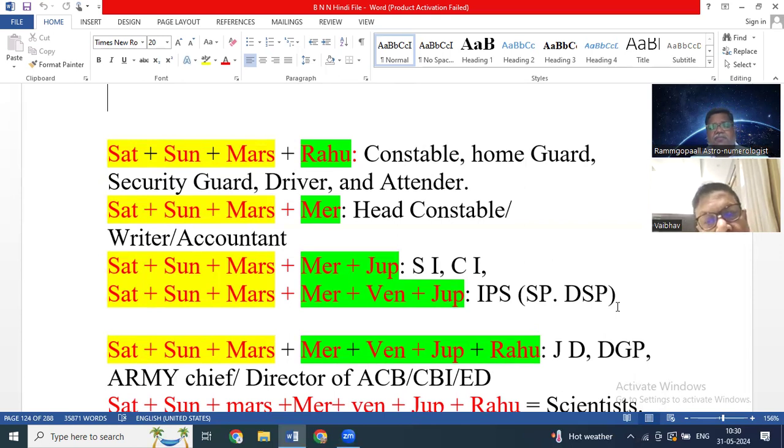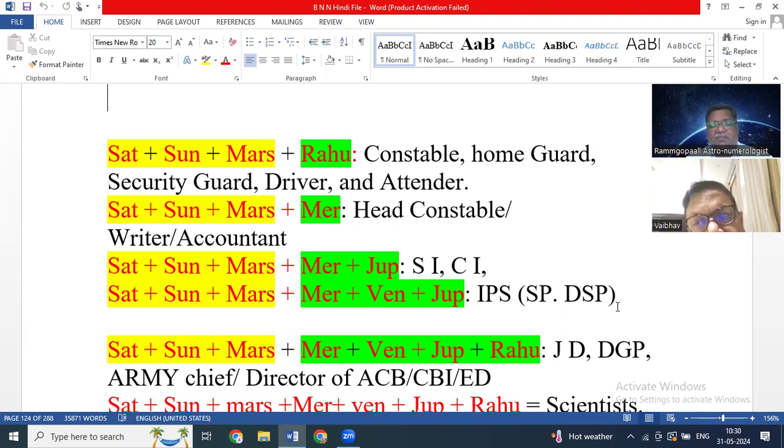Okay, so from top to bottom, bottom to top, we are discussing constable, head constable, SI, CI, and DSP, SP, and the next level is joint director, deputy general of police. Okay, so for this actually we are taking again Rahu. Rahu is Dwarapalaka.